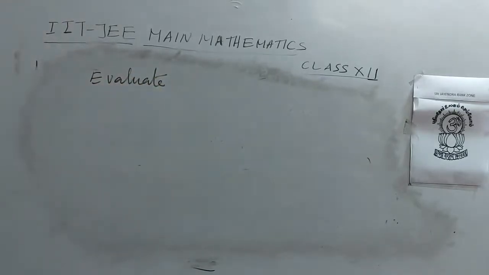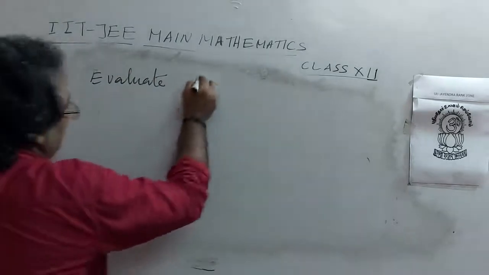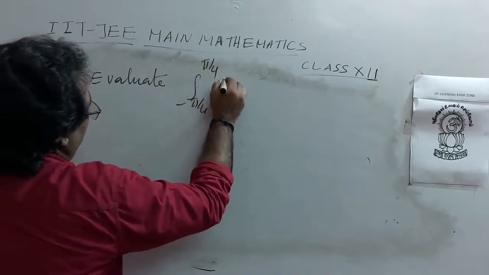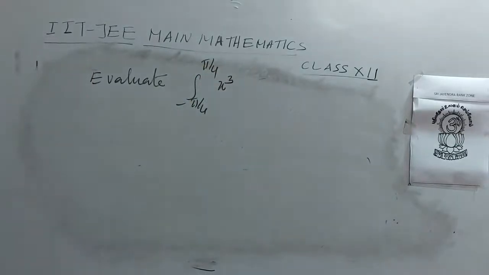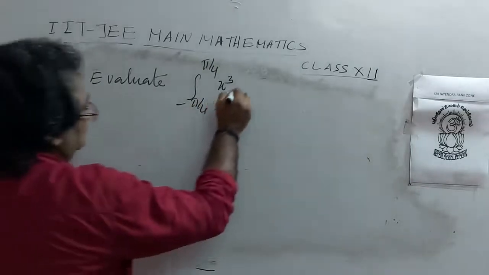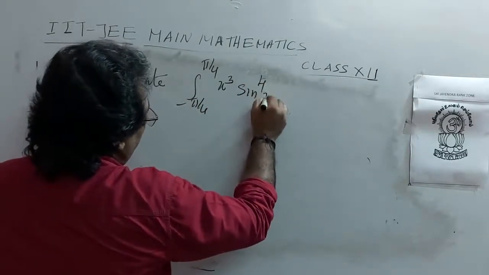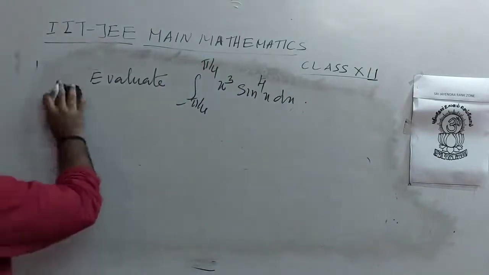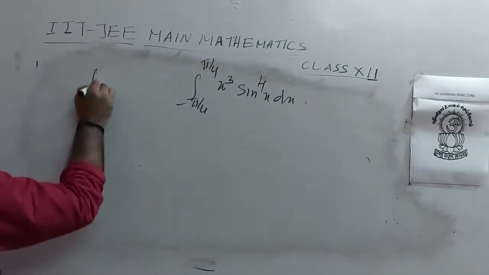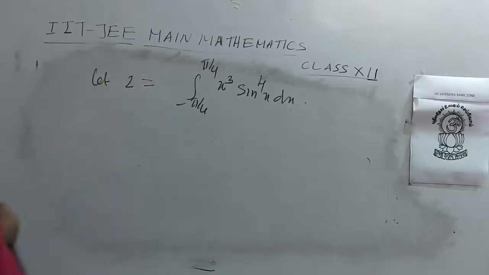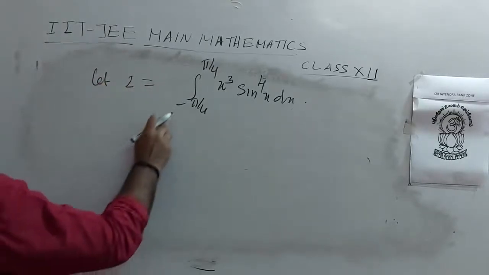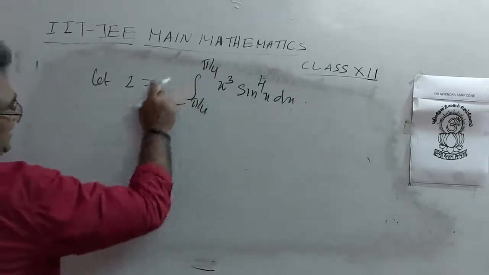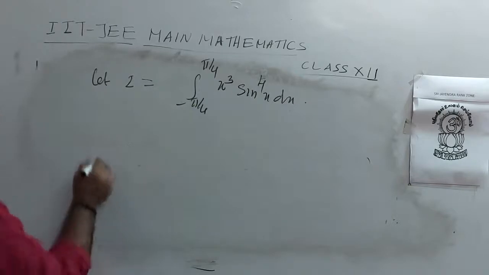Evaluate integral minus 5 to plus 5 of x cube sin to the power 4 x dx. Let I equal integral minus 5 to plus 5 of x cube sin to the power 4 x dx. When the integral is in the form of minus a to plus a, we have to check whether it is even or odd.